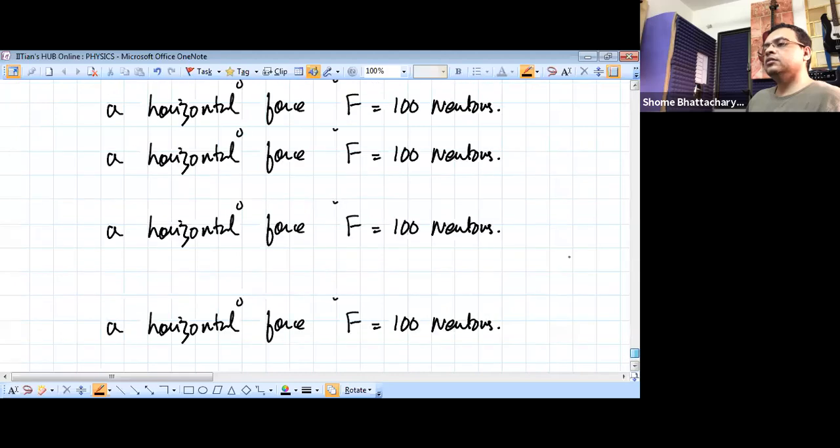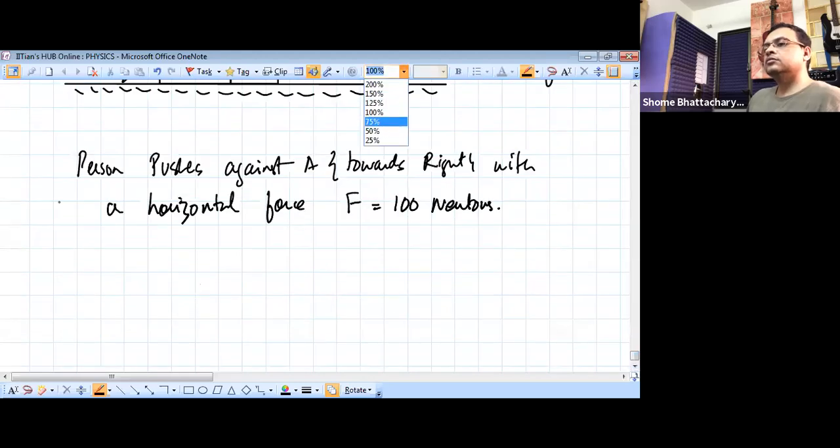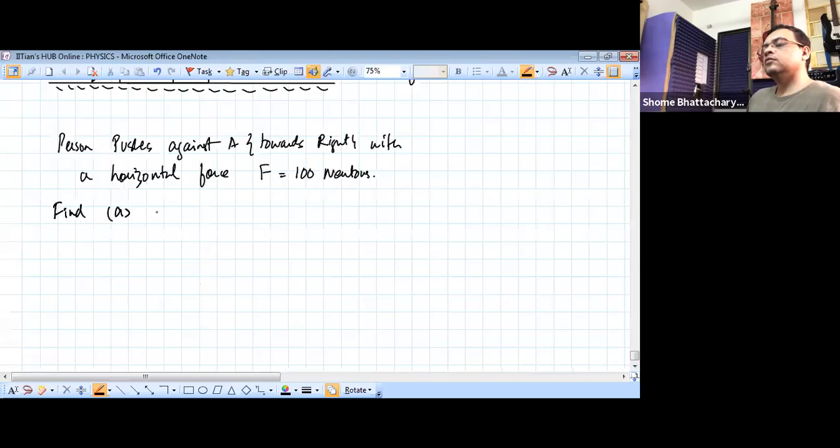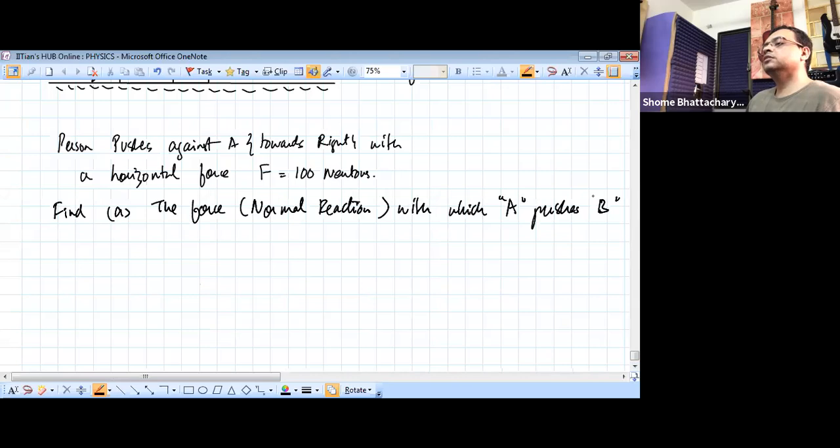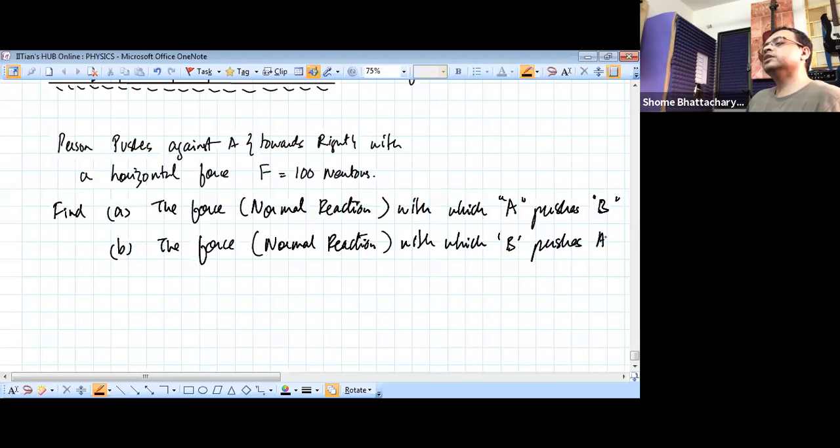So now you have to find, as a result of this, the force, the normal reaction, with which the block E pushes B. The force with which B pushes E. And the block accelerations.